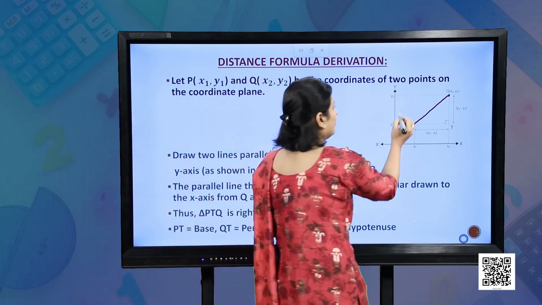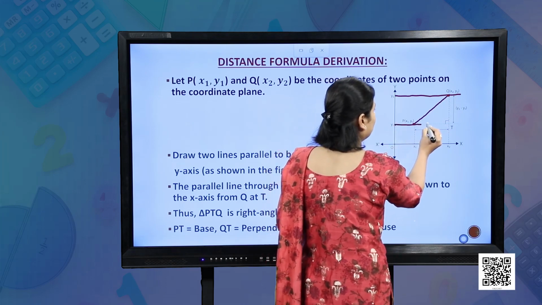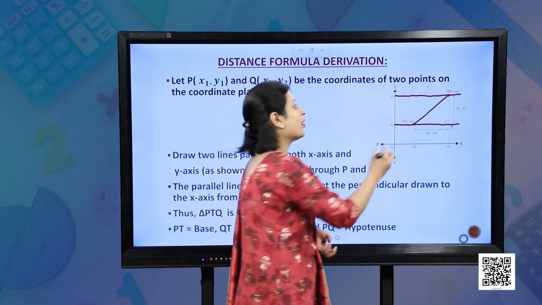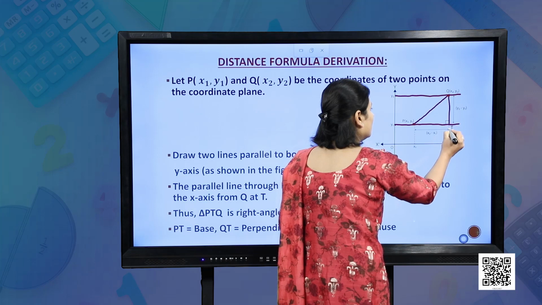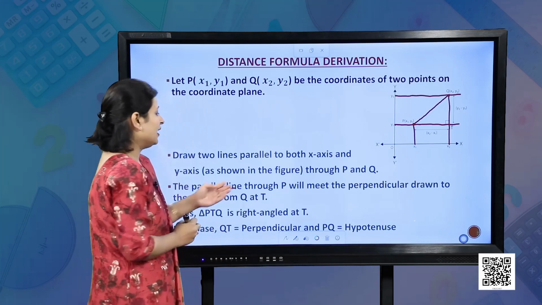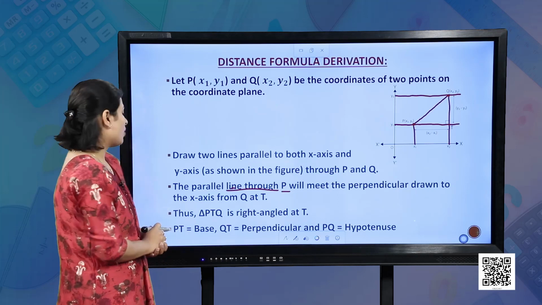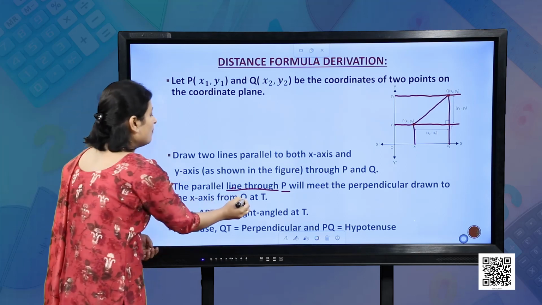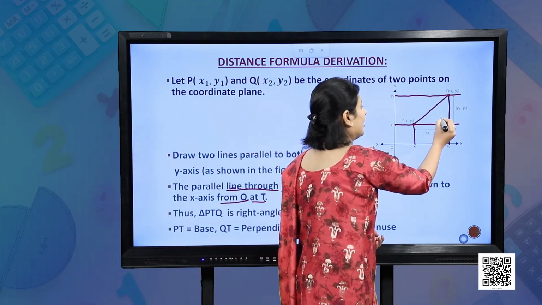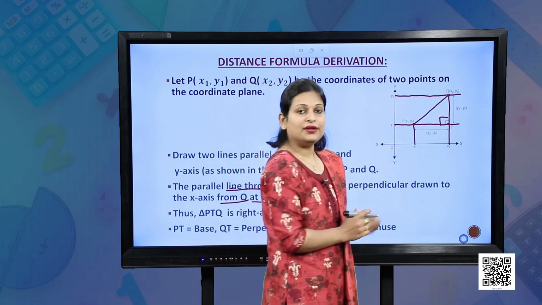Then we need to draw two lines parallel to the x axis from point Q and point P, and two lines parallel to the y axis from point Q and point P. Now, as you can see, the parallel line through P will meet the perpendicular drawn to the x axis from Q at T. So, we will get a right angle triangle which is right angled at T, P, Q and T.